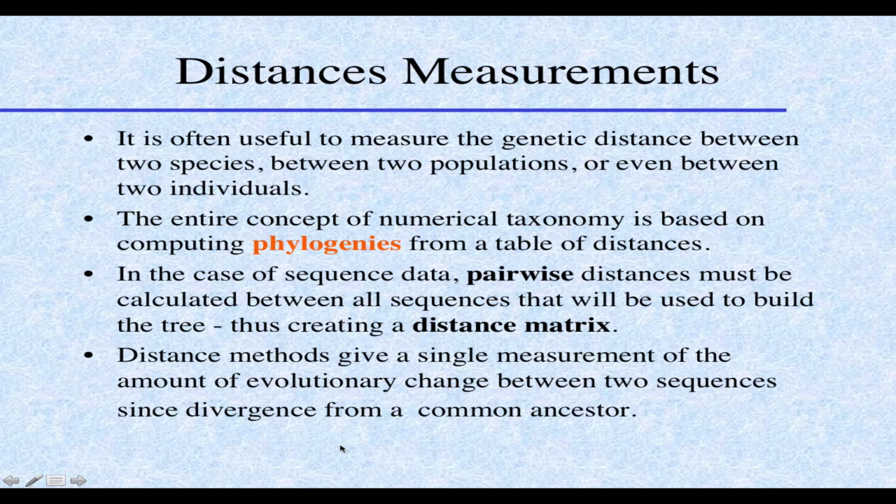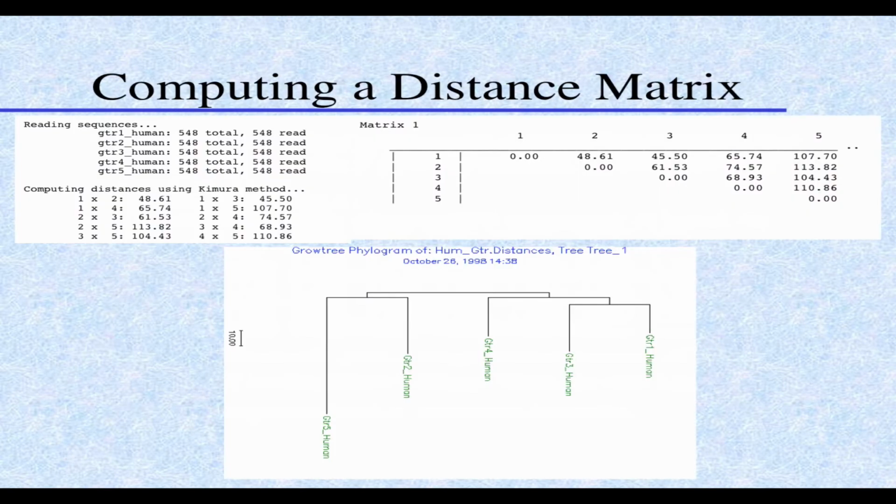So just in general, a distance method gives a single measurement, number of bases changed, between any two sequences. And that is an assumption that they are the number of changes that happened since those two sequences diverged from their common ancestor. That's the assumption. It's not a super strong assumption, but that's the one that we make.